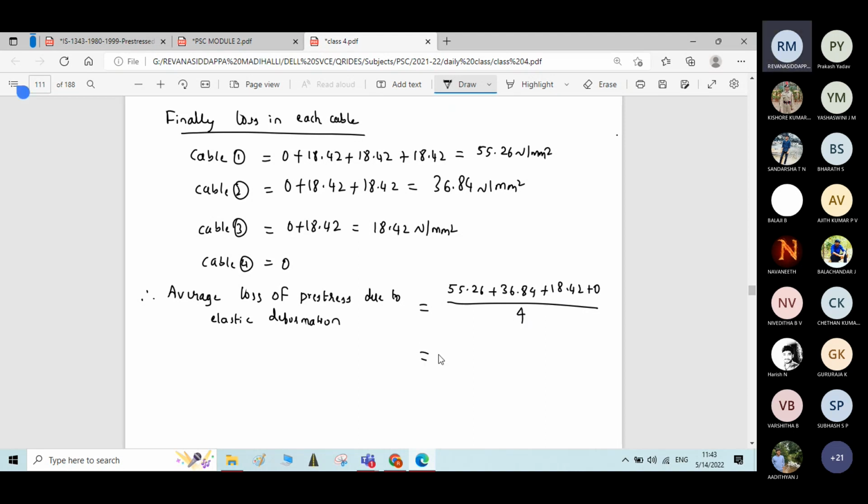If you calculate the average, check the answer. It is 27.63 Newton per mm square.